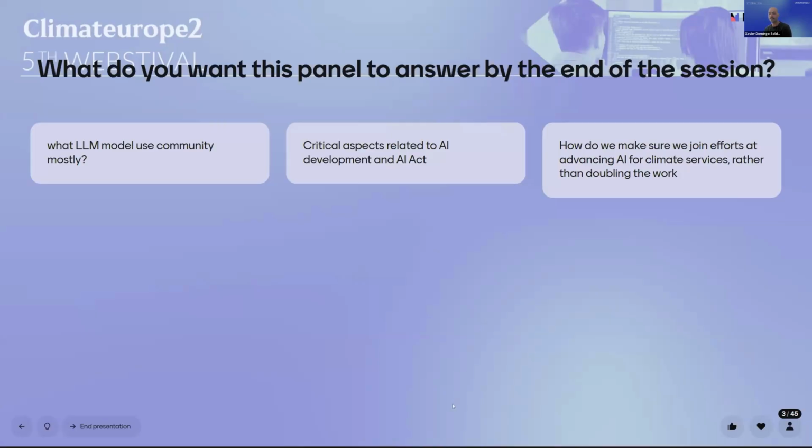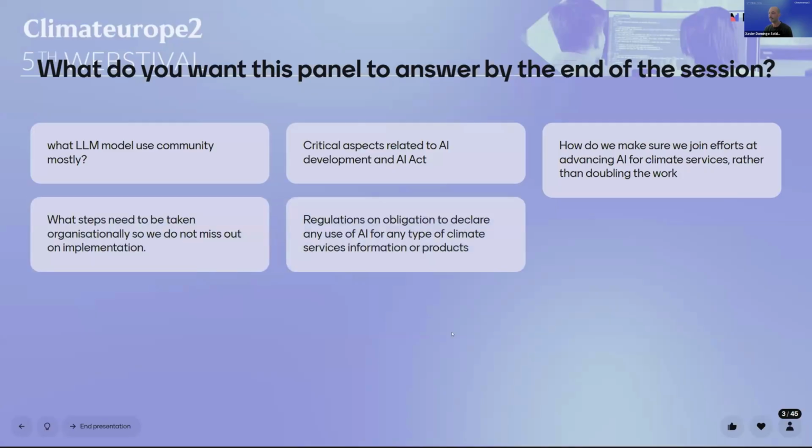The field is moving very fast, and as you have seen during the session, there are many challenges, but also a lot of opportunities. And this is also what we are going to discuss during the panel discussion. So I invite you to leave questions here for the panelists, or also leave them in the chat. We will try to manage them all. And if we cannot answer them during the panel discussion, we will try perhaps to answer them later.